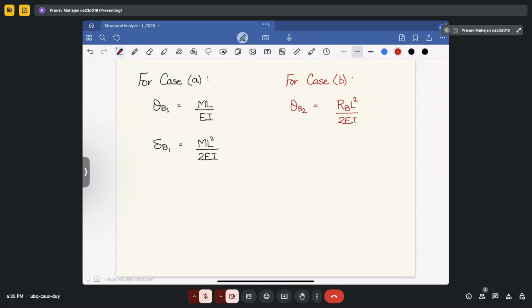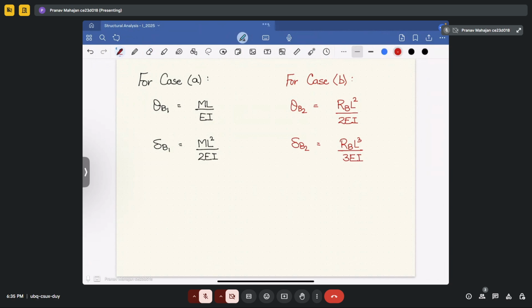And similarly, here your delta B2, that means your displacement, will become RB L cube divided by 3EI. Okay. Now we also know that at the roller support, your displacement is equal to 0.